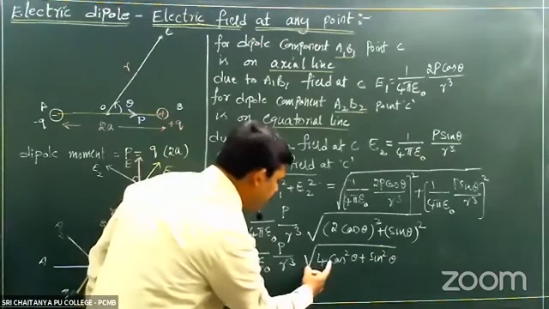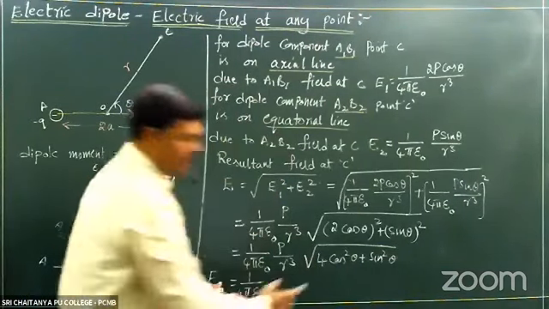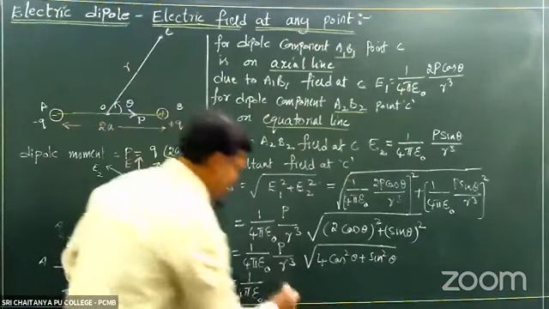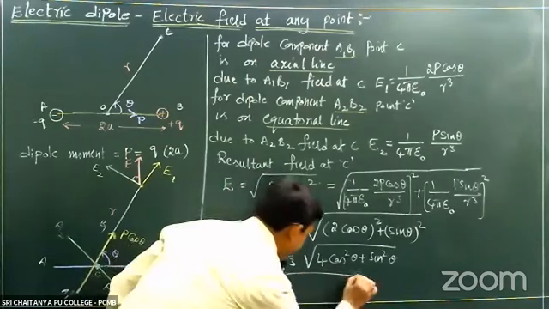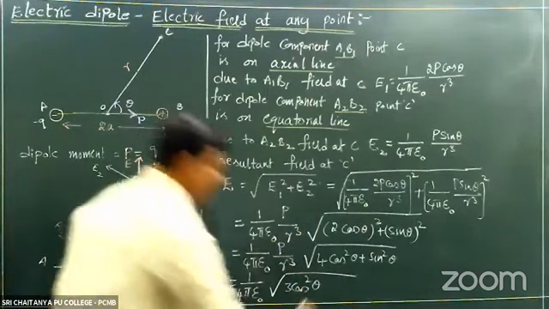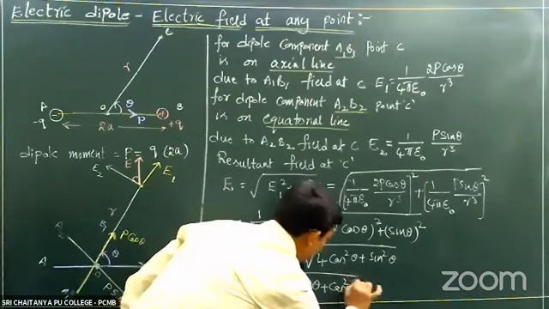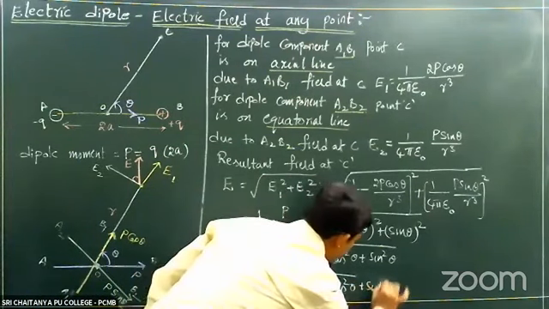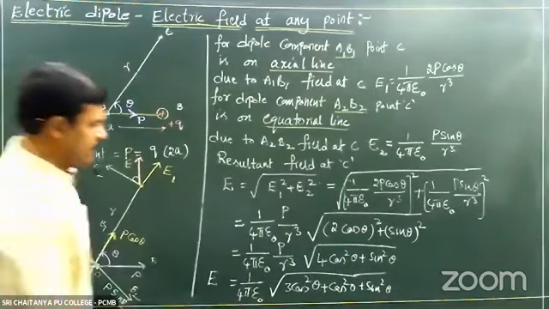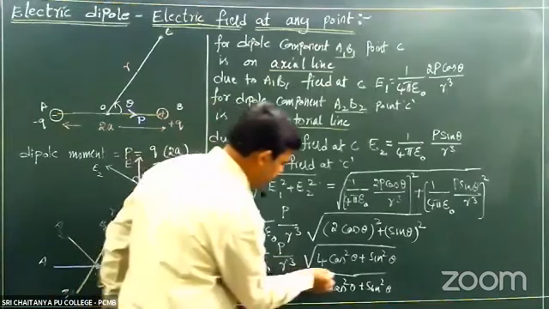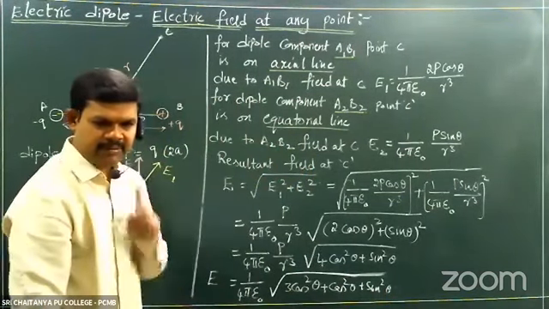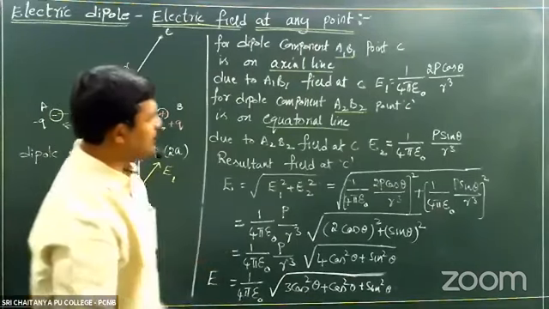See here, in this 4 cos square theta, take 3 cos square theta plus cos square theta plus sin square theta. Cos square theta plus sin square theta is equal to 1. Well, then what is the final answer here?